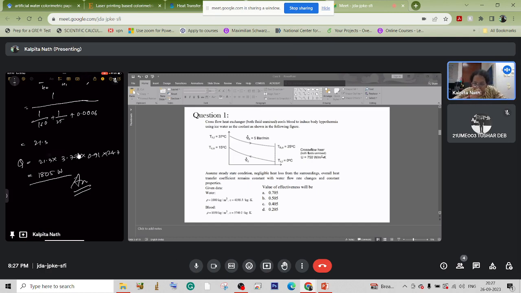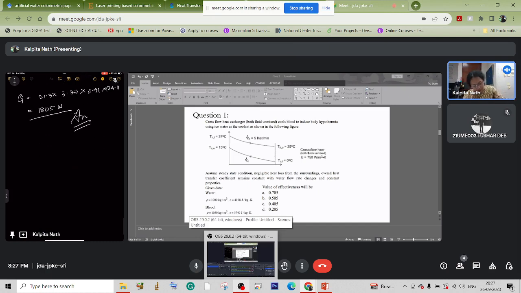Okay. So what do we need to do about this? First of all, as I've already told you, we have been provided with the volumetric flow rate of the hot fluid. So from that we can easily calculate the mass flow rate of the hot fluid. The volumetric flow rate is given as 5 liter per minute, right?